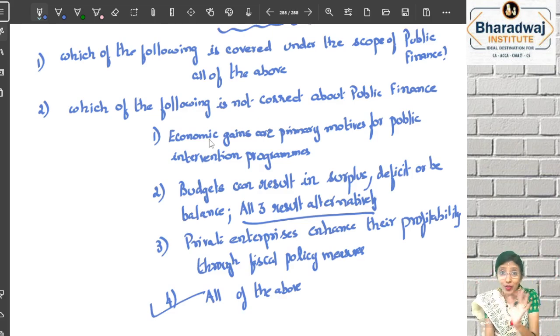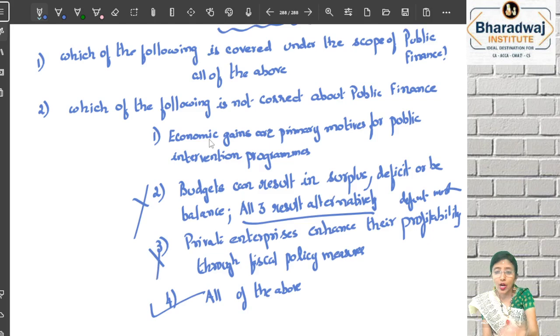It is not a common phenomenon. Deficit budget is a common phenomenon, even in advanced countries. So this is also wrong.